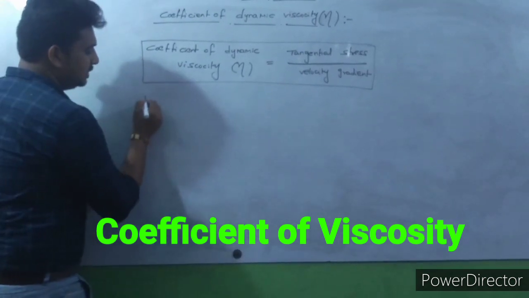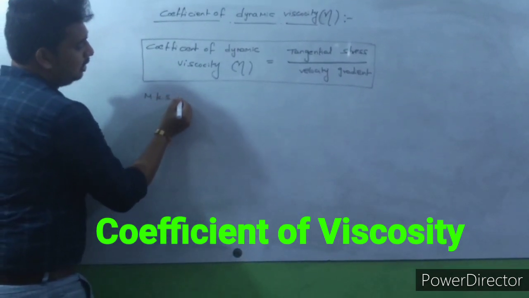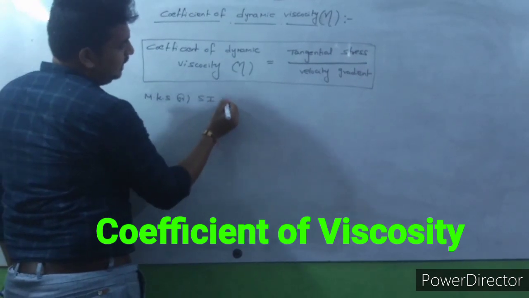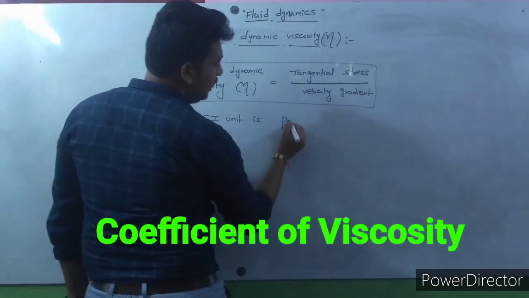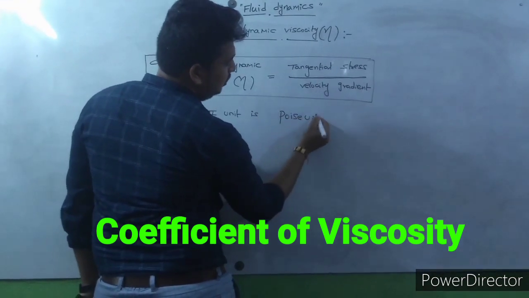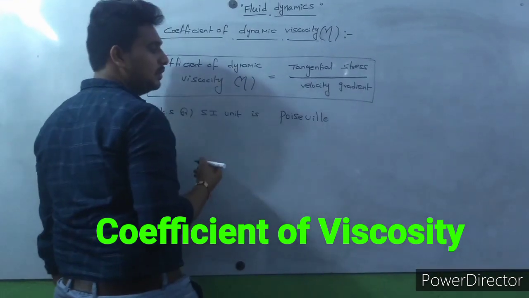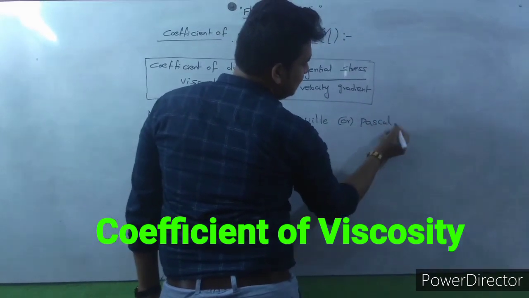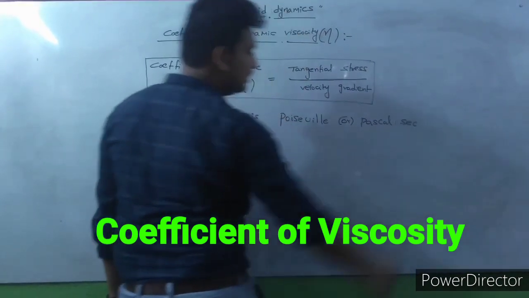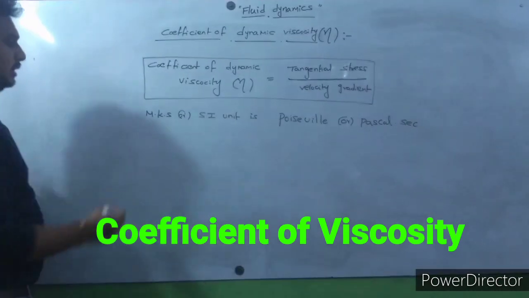Coefficient of dynamic viscosity. MKS or SI unit is Poiseuille or Pascal second.